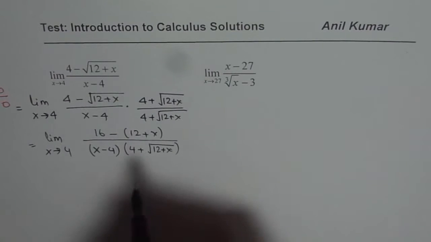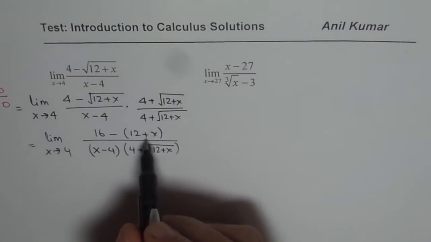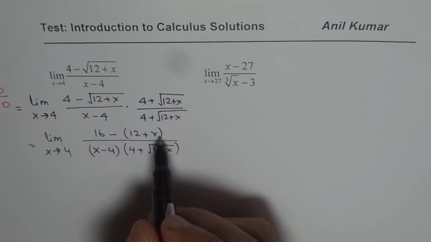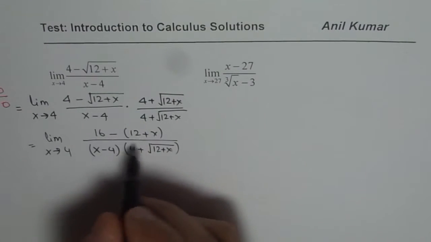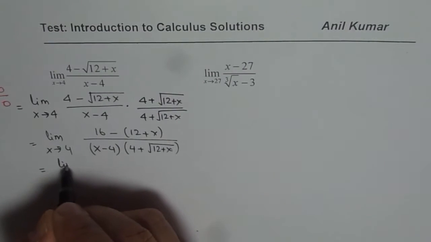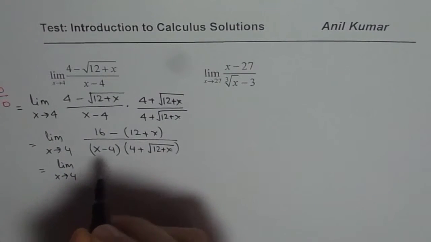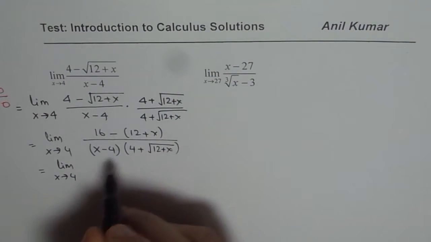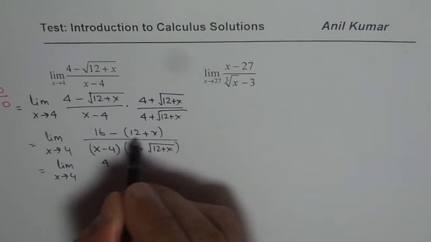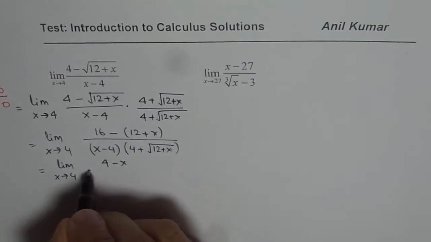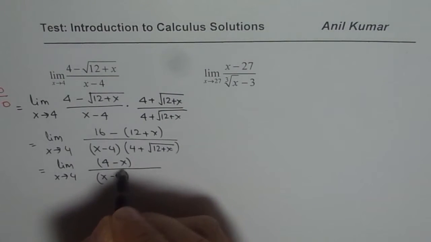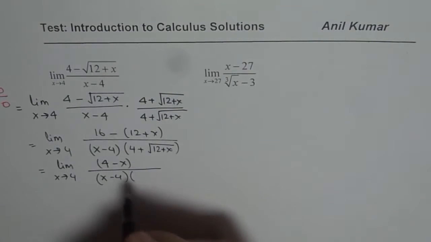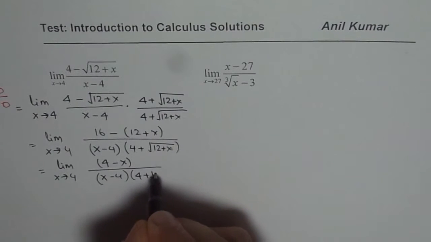Now, when you open this bracket, what do you get? You get limit x approaches 4, and 16 minus 12 is 4, so you get 4 minus x, correct? 4 minus x divided by x minus 4, and then 4 plus square root of 12 plus x in the denominator.